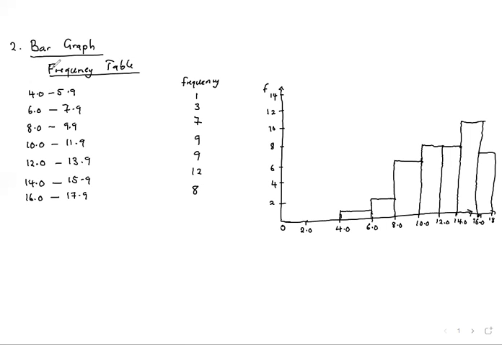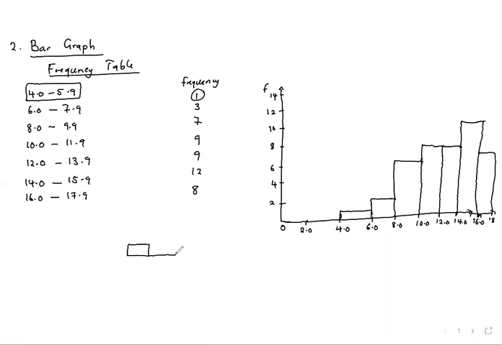So what we are doing is on the x-axis, we're getting this interval, and that was the base. So we're forming the base using this interval. From 4 to 6, which was representing 5.9, how far does it go up? It uses the frequency to go up. If it's 1, it goes up to 1. Then you get another base from 6 to 8.